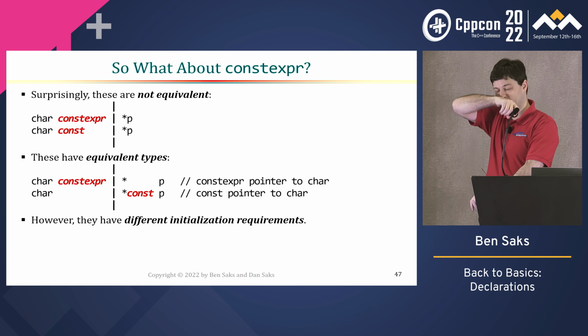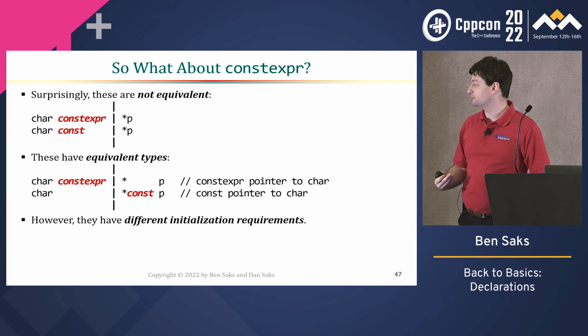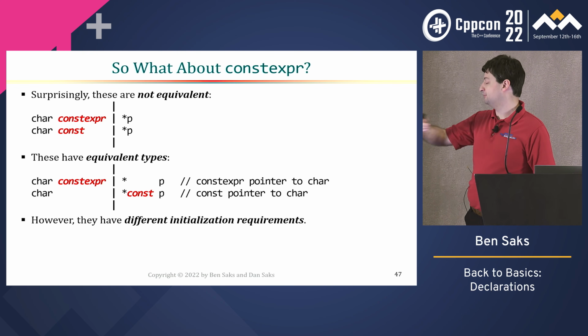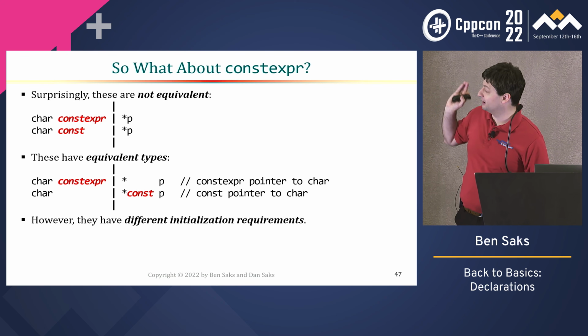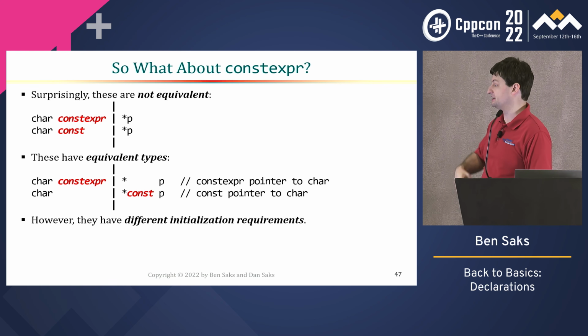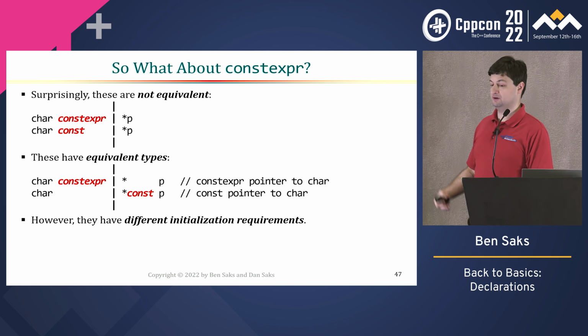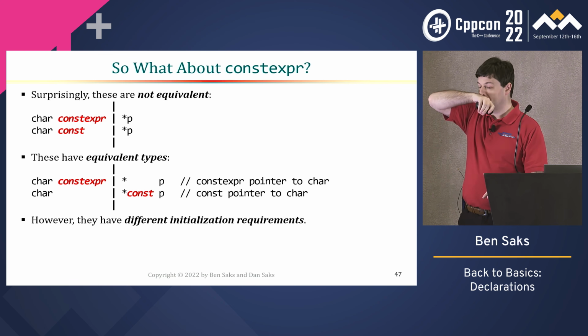It's always going to point to the same location, and the initializer for that expression needs to be a compile time constant expression, and then the const would apply to the type being pointed to. It would be saying that the character that the pointer points to, I don't have permission to change it.